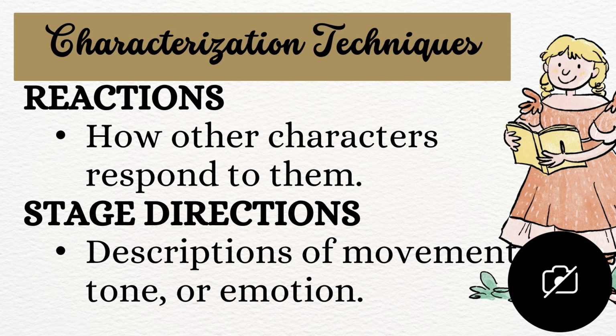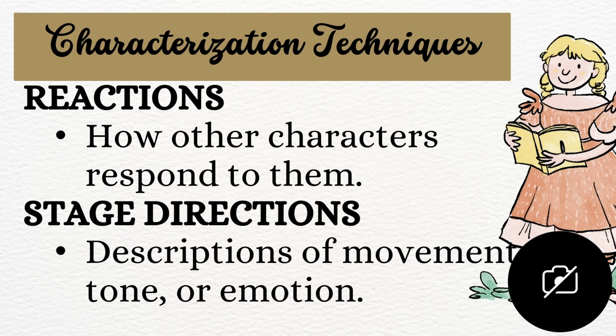When we talk about characterization, you are technically stepping into the personality of that character. For example, if I'm Ma'am Race and I'll be playing Juliet, I'm Ma'am Race outside the stage. But when I enter the stage, I'm no longer myself, but the character. I'm no longer Race, but Juliet.